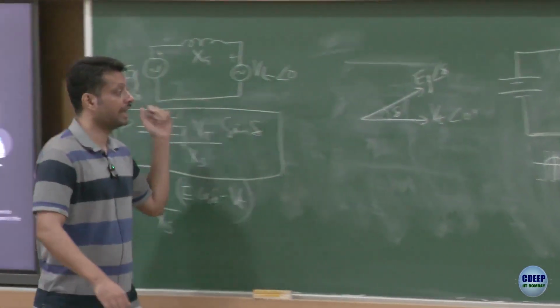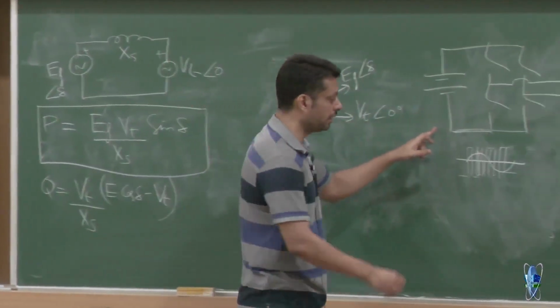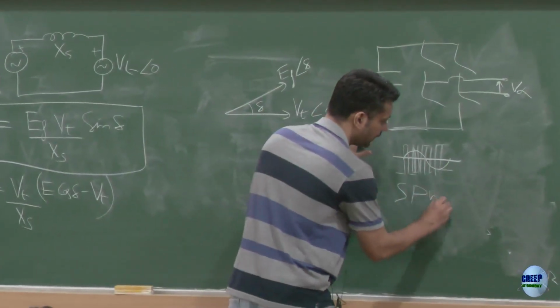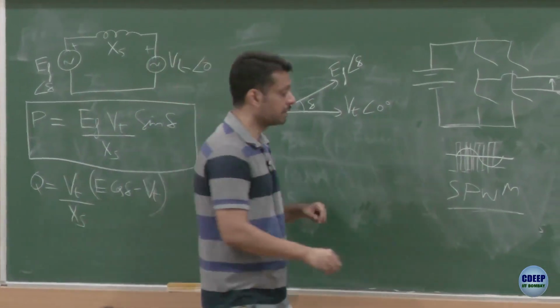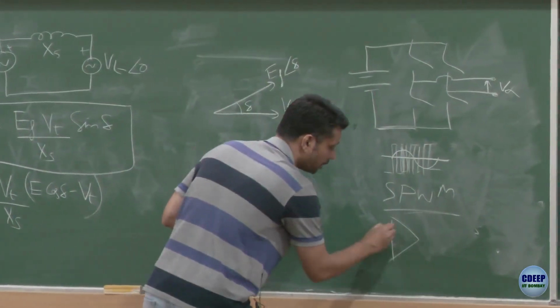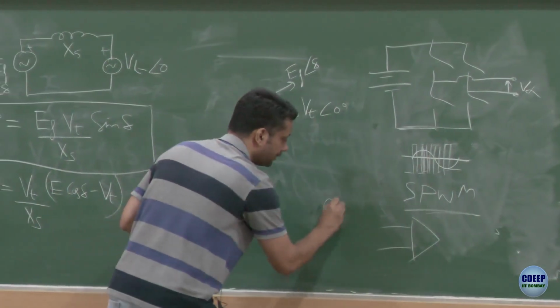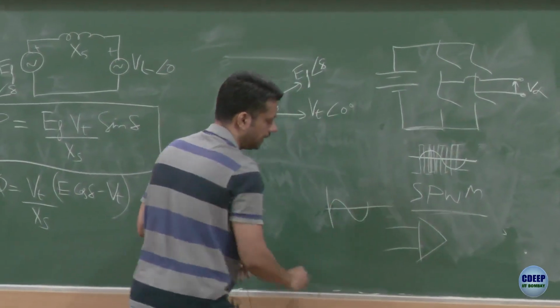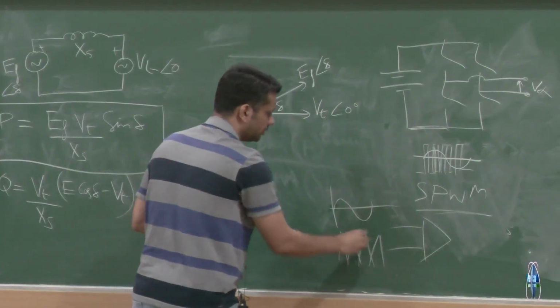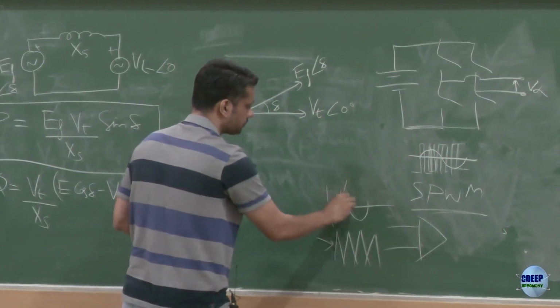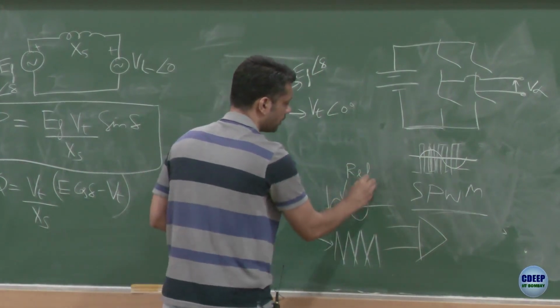Now you know that if you do sine triangle PWM, SPWM, then you can control the carrier. You remember the carrier, you have to remember all of those things. You had a carrier and you had a reference, right.